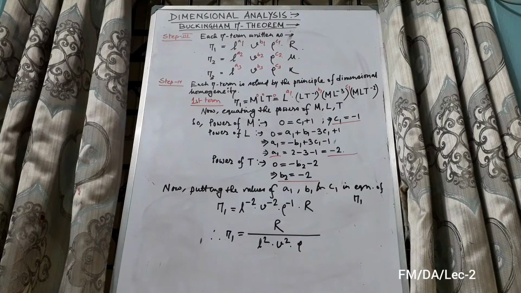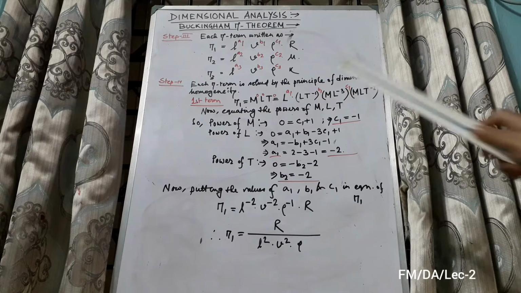Now from the third step we proceed to the fourth step. Each pi term should satisfy the principle of dimensional homogeneity. So we are considering the first term, pi 1.